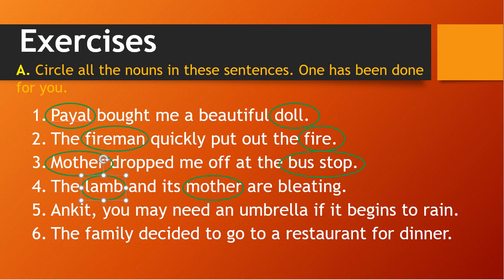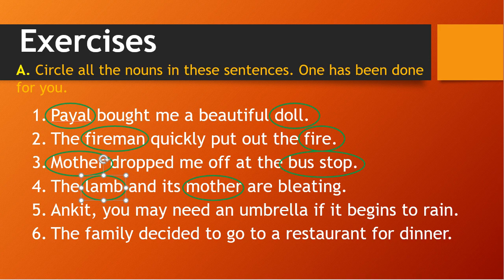Students, I am considering you understood how we selected the nouns. Now, lamb is a kind of sheep. It is a thing, a kind of animal. So we can say that lamb and mother are nouns.